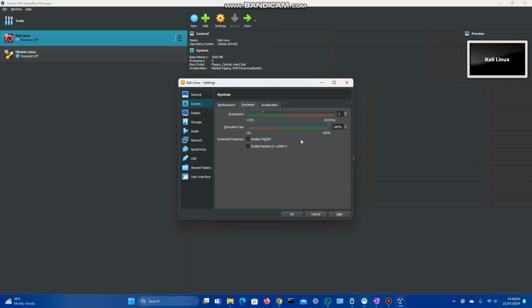Now, something to bear in mind is that if you have too many cores, let's just say I have 7 gigabytes of RAM. If I were to put in 7 cores, this would actually slow the machine down.